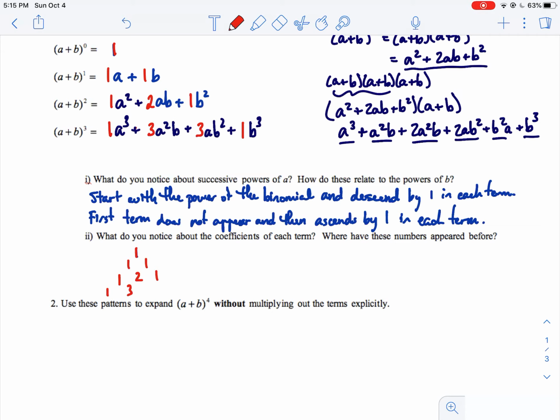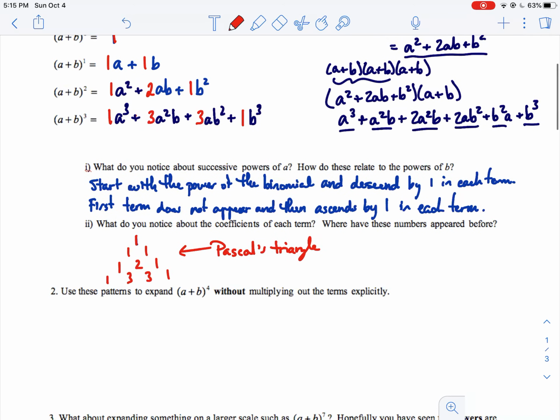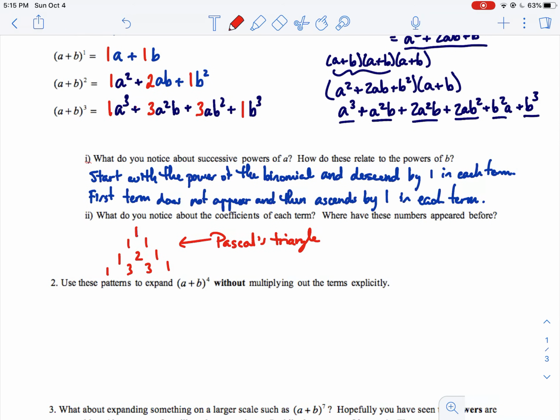Then you've got 1, 3, 3, 1. And by golly, you've got good old Pascal's triangle. So the coefficients in the expansion actually come from the triangle. So it says, can you raise a plus b to the fourth without actually multiplying it out?